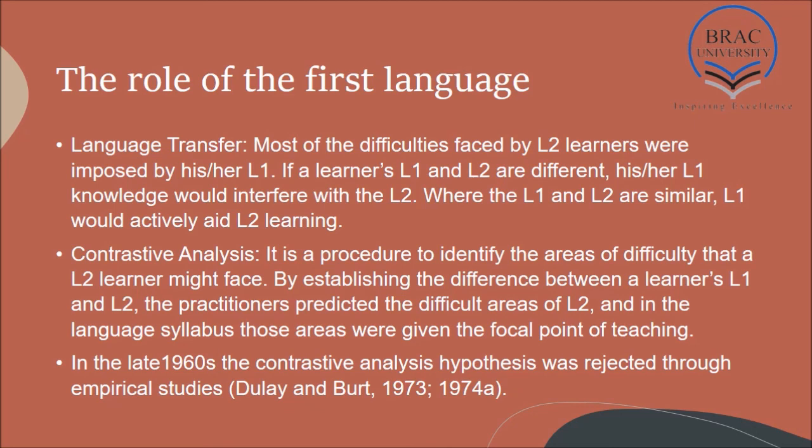This is how the SLA researchers of the early 1960s tried to address the learner's difficulty in learning a second language. However, in the late 1960s, the contrastive analysis hypothesis was rejected through empirical studies.